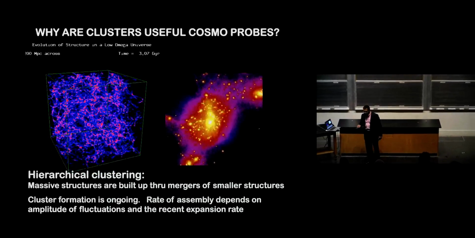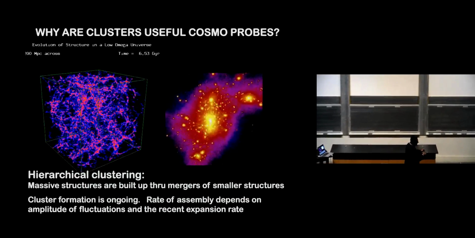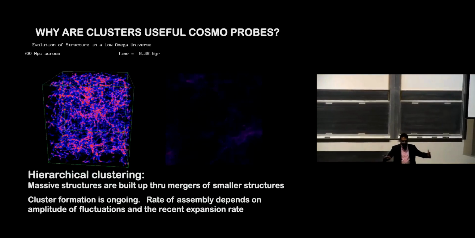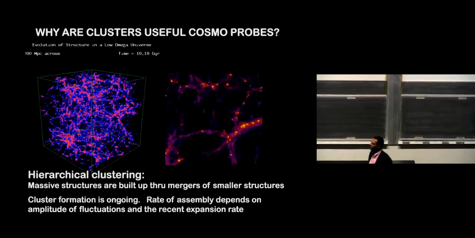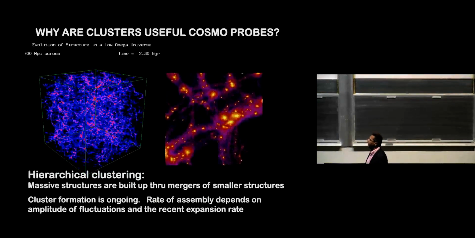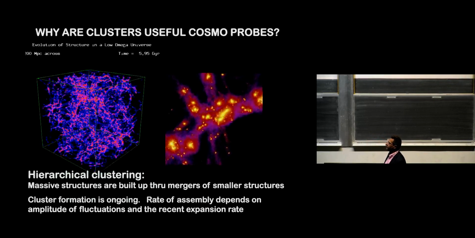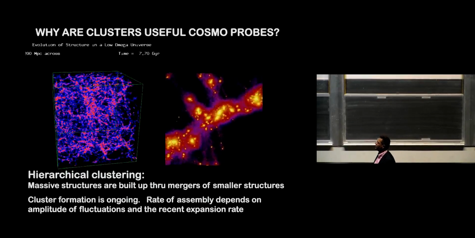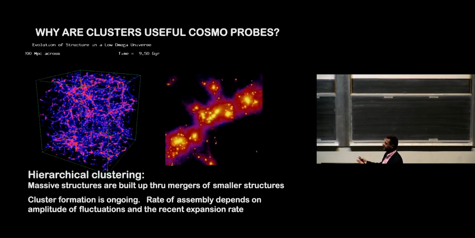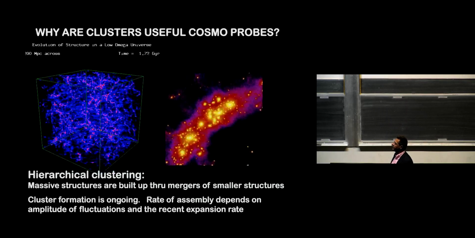And as gravity works its magic, regions that have slight overdensity of matter tend to draw in more matter due to extra gravity in that region. And as gravity brings in more matter, the regions themselves become more established. They grow. They virialize in the sense that the systems themselves decouple from the Hubble expansion and become entities in their own right.